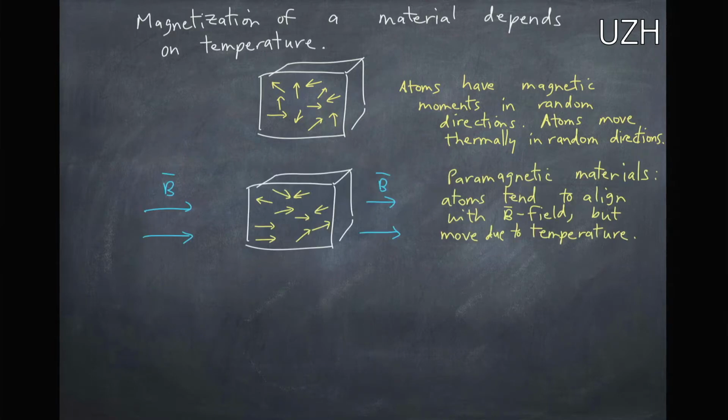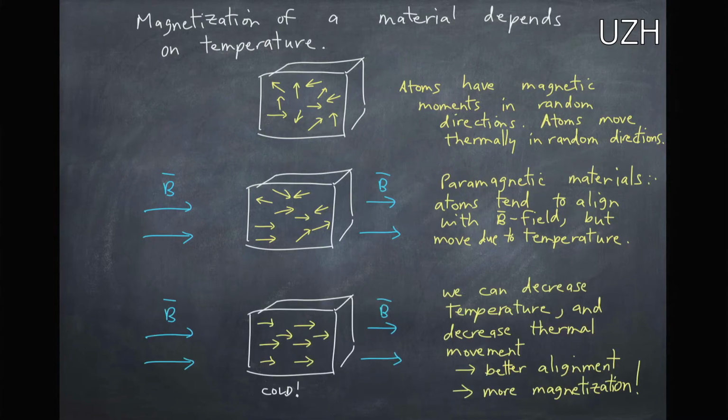If we stick this material in a magnetic field, the atoms tend to align with the magnetic field, but they're still going to be moving because of temperature. So what we can do is decrease the temperature, and that decreases this thermal movement, and now our atoms are easier to align with a magnetic field, and we can get some more magnetization.